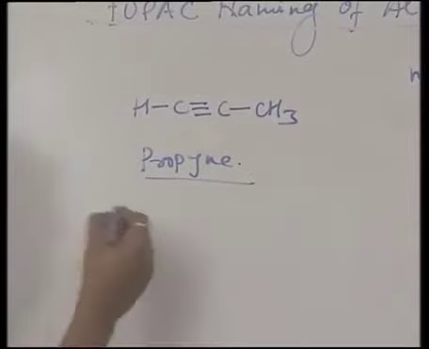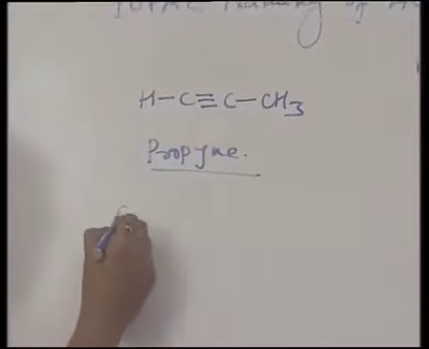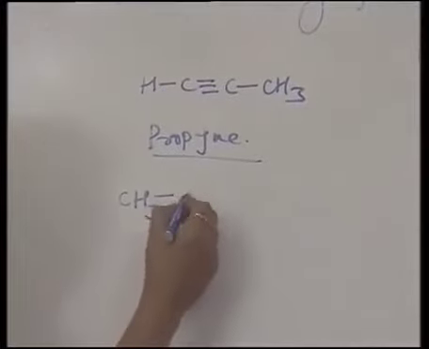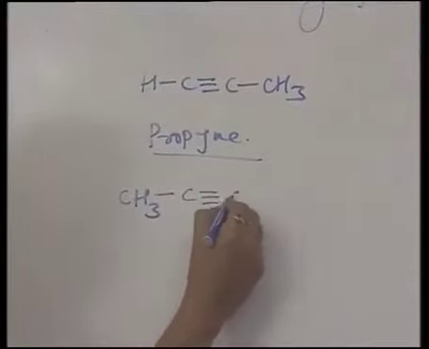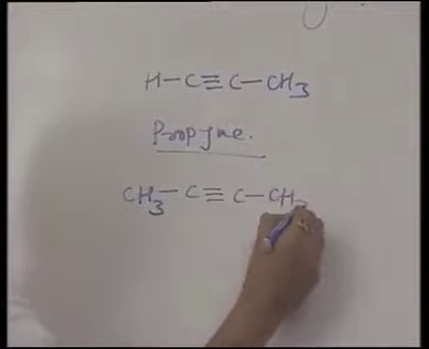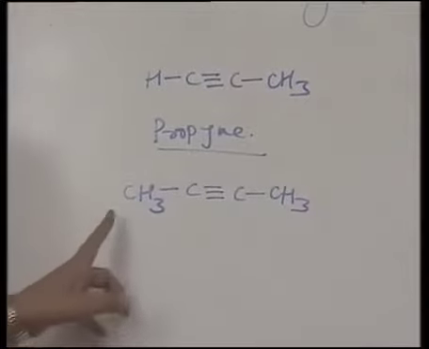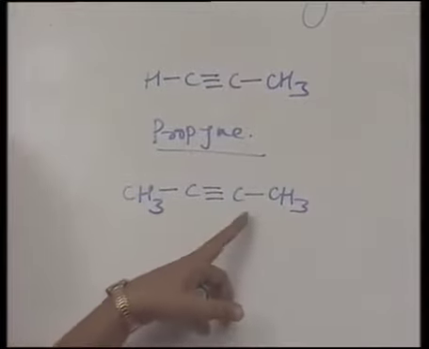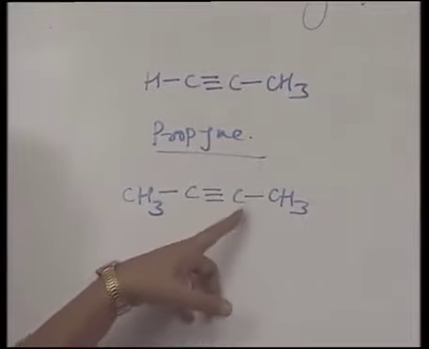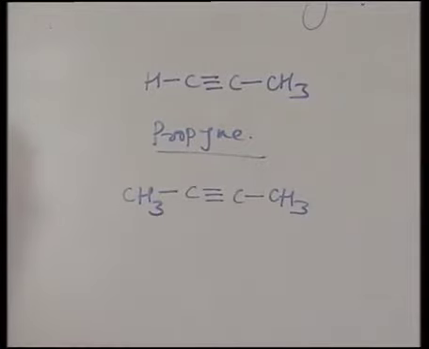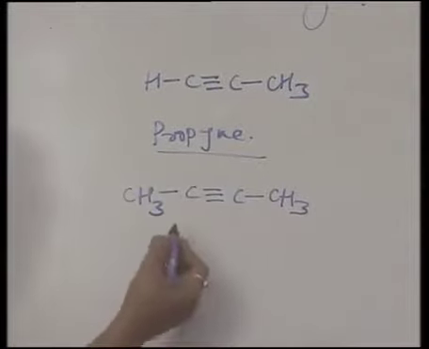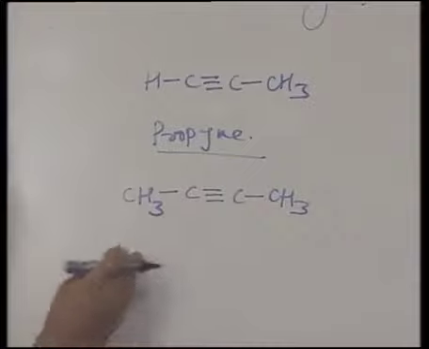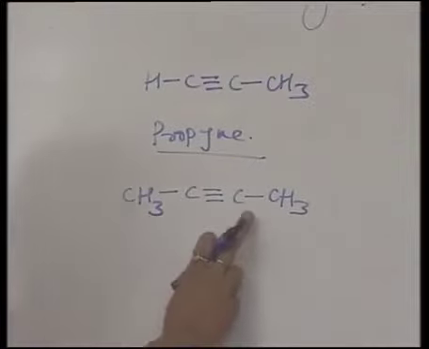Also, you can write another compound, suppose CH3 C triple bond C CH3. Now in this compound we have to give the position of this triple bond, and as per the rule, we have to start the numbering from the left side or right side, and in both cases you will find that this carbon gets an equal number.